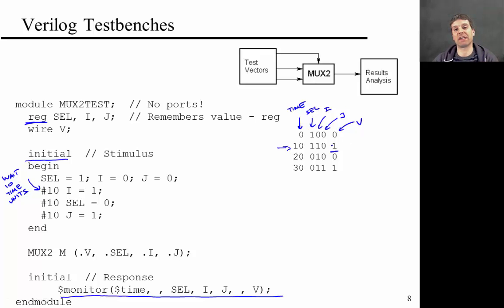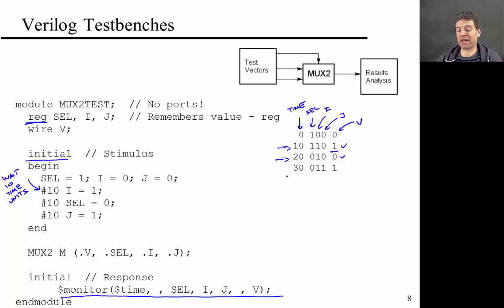This suggests that as long as I have my selection input set to 1, I just copy whatever input comes in on I. Then, after another 10 time units, I set selection to 0. Now I'm supposed to copy the data coming in on channel J, and channel J in this case is 0, so the output is 0, which is correct. So this was good.